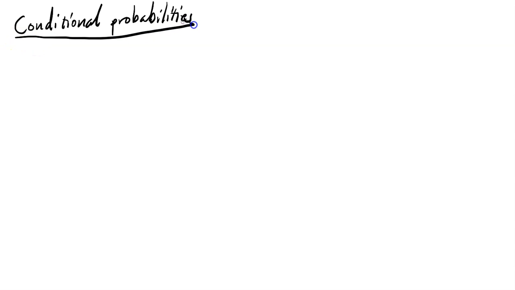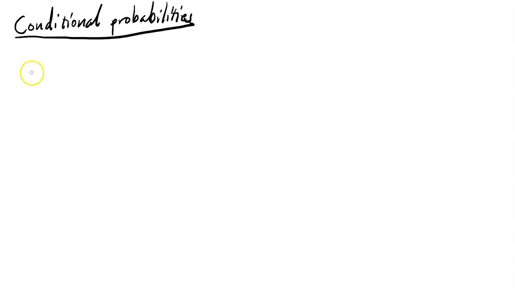The next thing we will look at is conditional probabilities. And conditional probability means that a probability for something to happen is conditional on something else to happen.